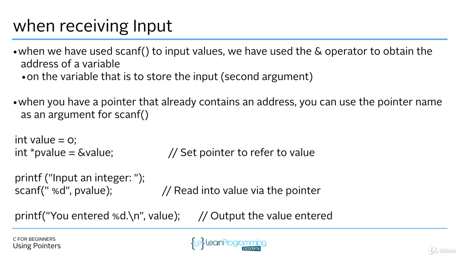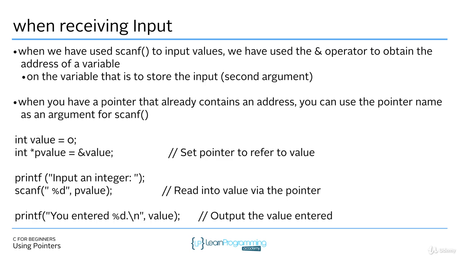So here, in the past, if we want to store a value in value, we would have to say ampersand value in the scanf second argument. But if we have a pointer that we create and it already points to an address, as it does in this example, then when we use scanf, all we have to say is the name of the pointer. So here's a case when we have an integer, but we don't have to use ampersand because we have a pointer to an integer.